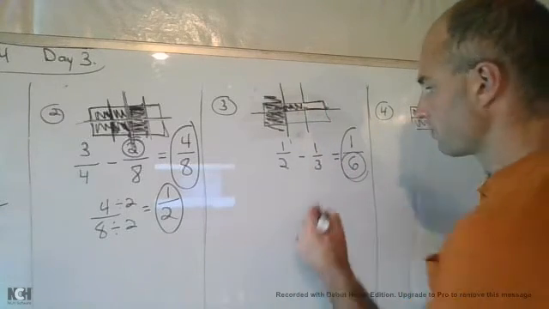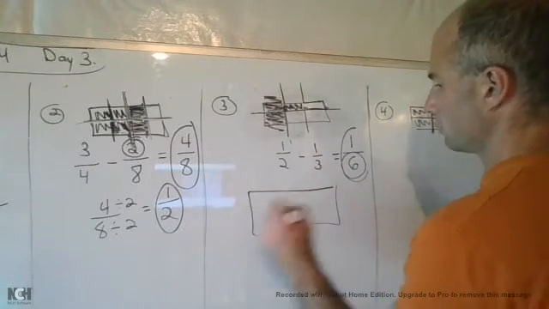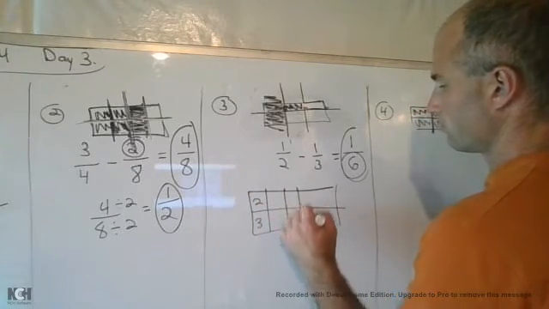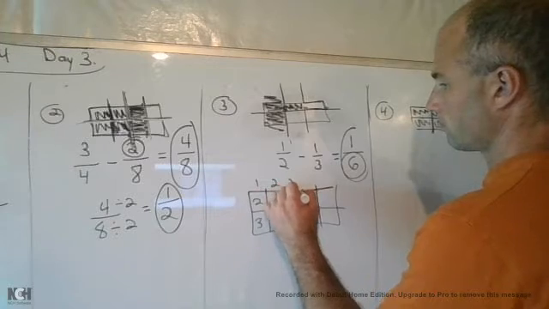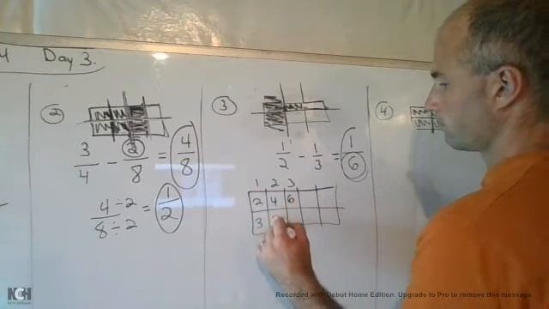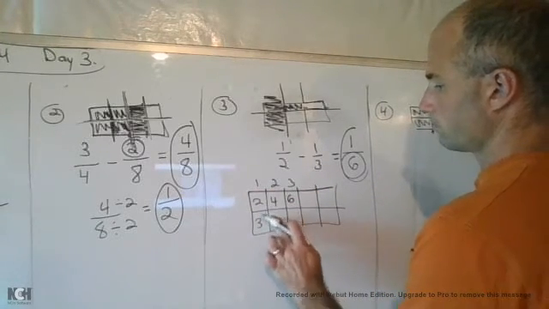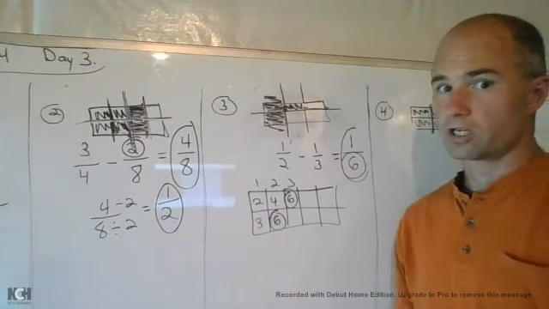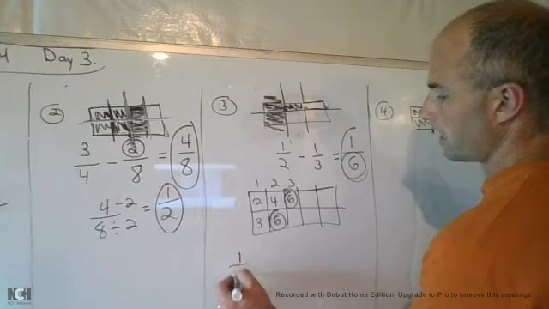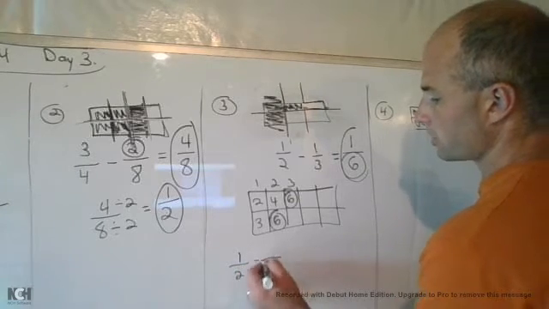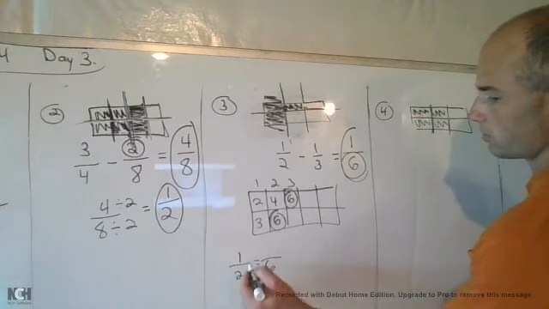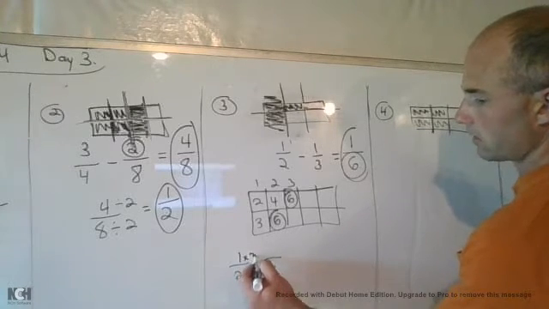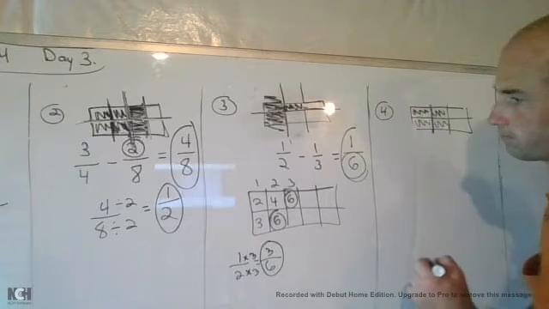Another way of doing this is finding the common denominator between 2 and 3. Is 6. Oh, what a shocker. Taking 1/2, making that into a fraction with a 6, which is going to be 2 times 3. It took me 3 times to get there. 1 times 3 gives me 3/6.